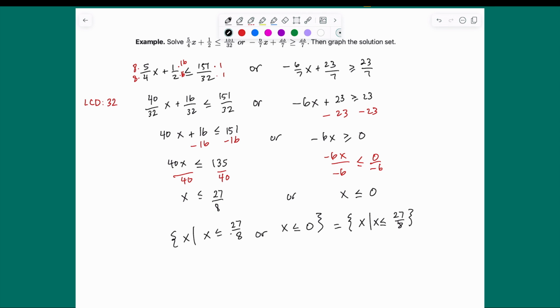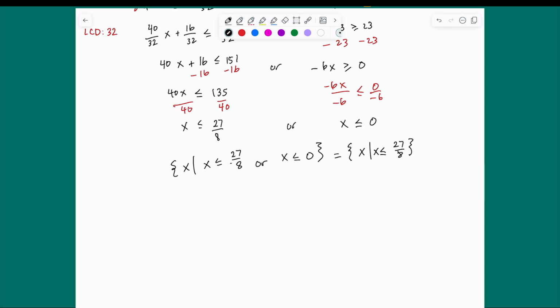So it's either or, right? It has to satisfy either one, and therefore that reduces to just x less than or equal to 27 over 8. All right, in interval notation, that would be negative infinity to 27 over 8, and then a bracket.